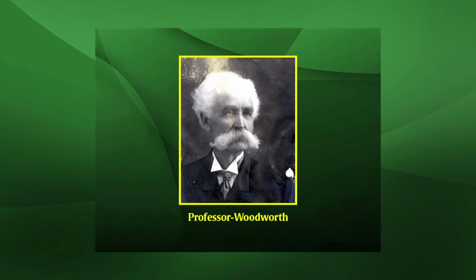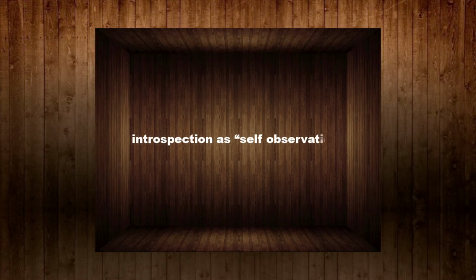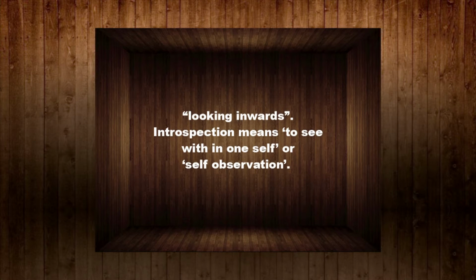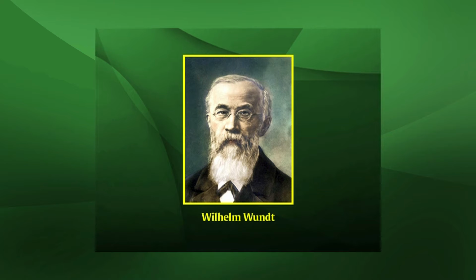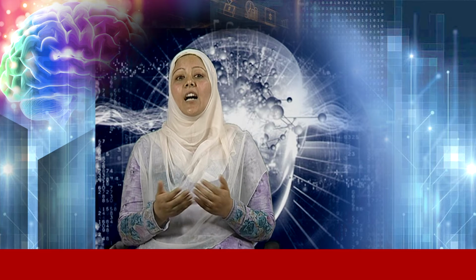Woodworth calls introspection self-observation, and Angell defined it as looking inwards. Introspection means to see within oneself or self-observation. It was Wilhelm Wundt who first used this method for the collection of psychological data. He used the rudimentary, untrained method of introspection.